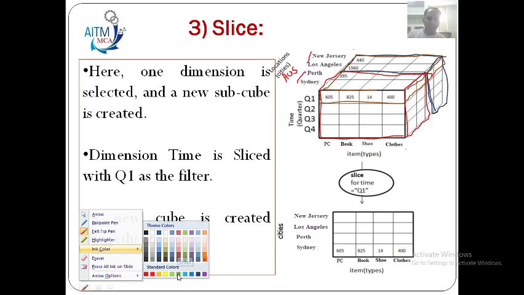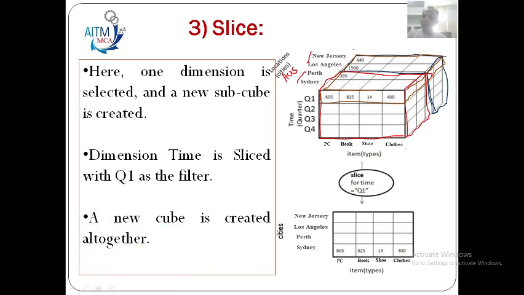Now, if I remove this part vertically, I will get the information of only the particular item.